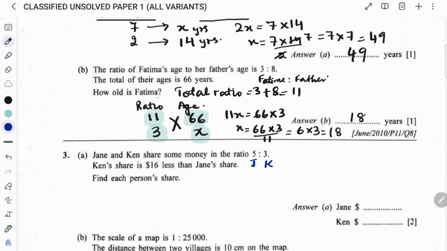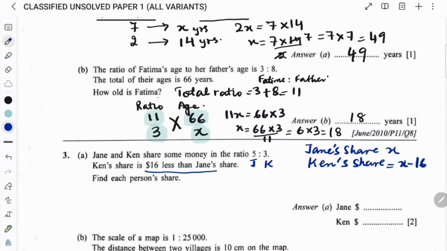So we can take the Jane's share as x, and the Ken share is 16 less than Jane. So 16 less than Jane means x minus 16. Alright, so find each person's share.